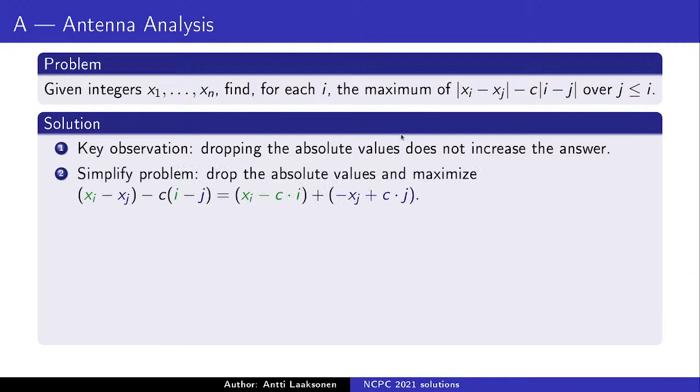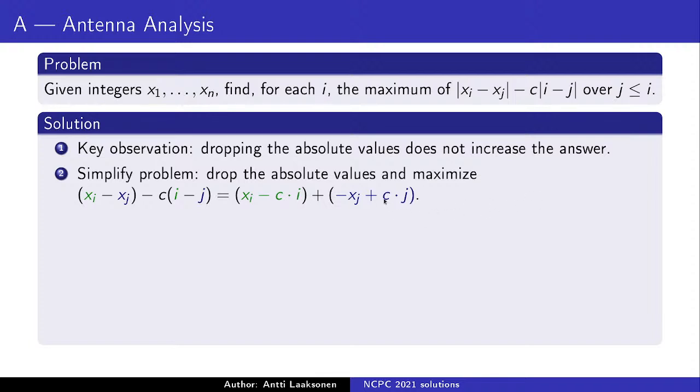So let's look at the simplified problem where we maximize the same expression, but instead of taking absolute values of these differences, we just take their differences. So we maximize xi minus xj minus c times (i minus j), which if we rearrange the terms is the same as (xi minus c times i) plus (minus xj plus c times j). Just rearranging these terms.